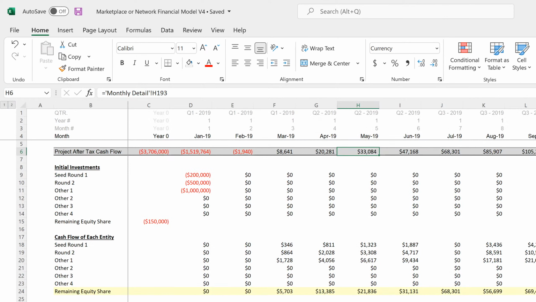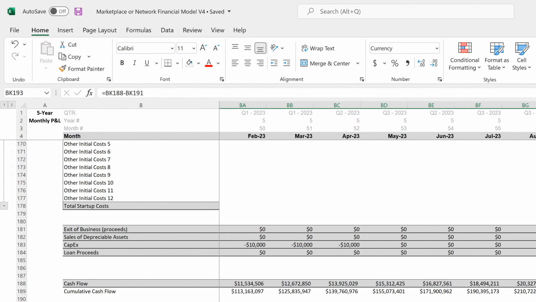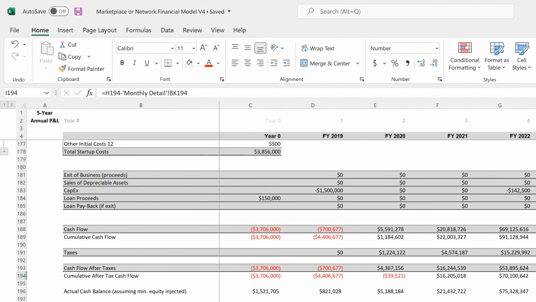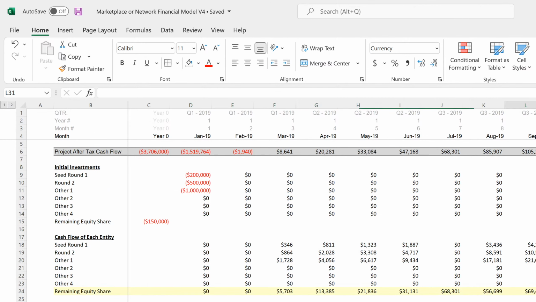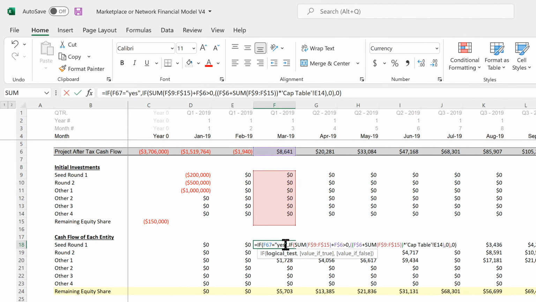Go back to this distribution amount. So this 435,057. Perfect. Actual cash balance. 435. And it's saying there was that much cash available.